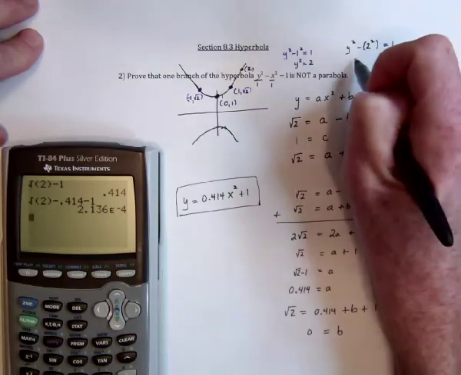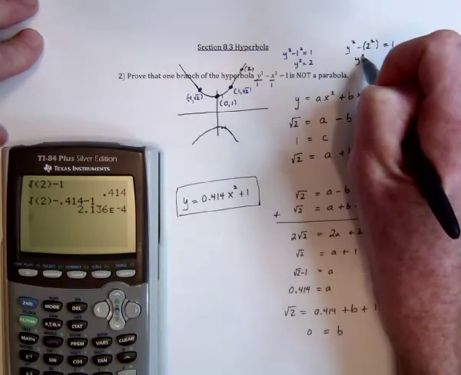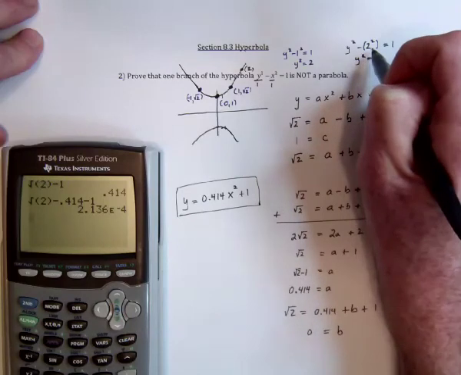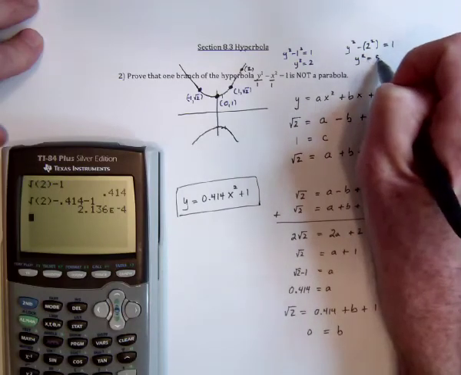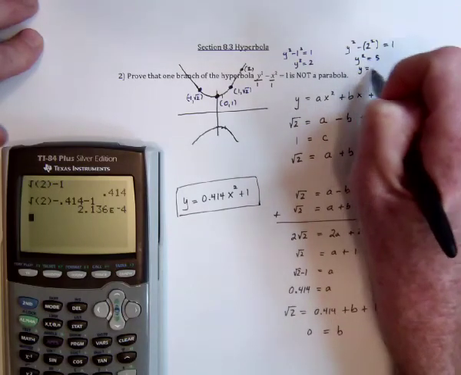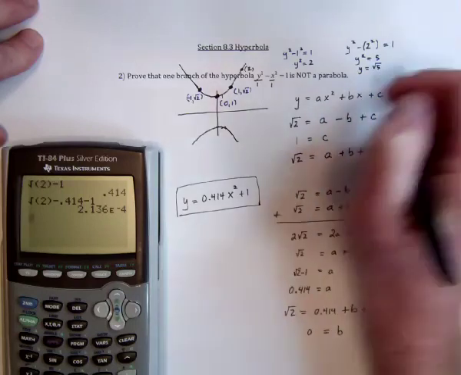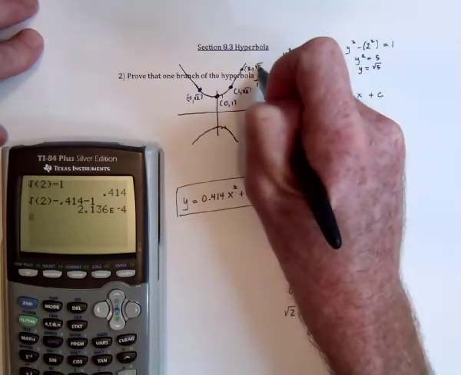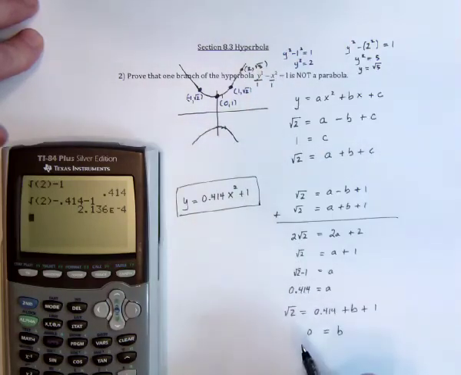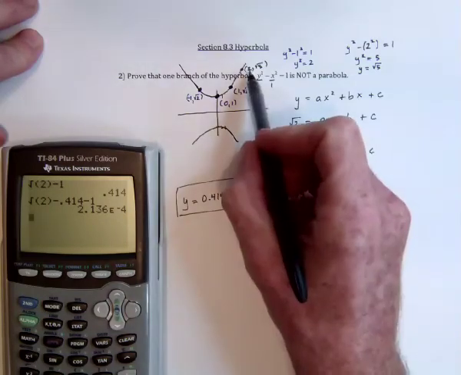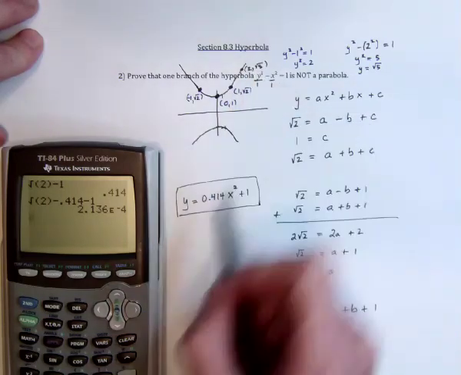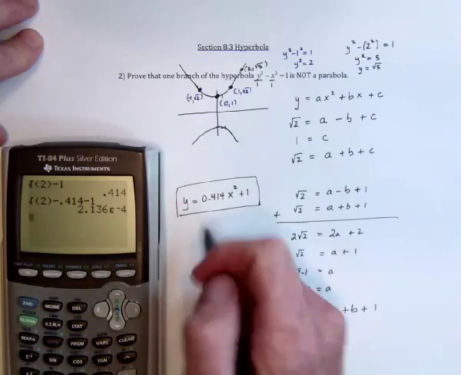So this is going to be 4, add it to the other side, and y squared is equal to 4 plus 1, which is 5. So y is equal to the square root of 5. So 2 and the square root of 5. And if the parabola and the hyperbola are the same, those numbers, 2 and square root of 5, should work for x and y over here.